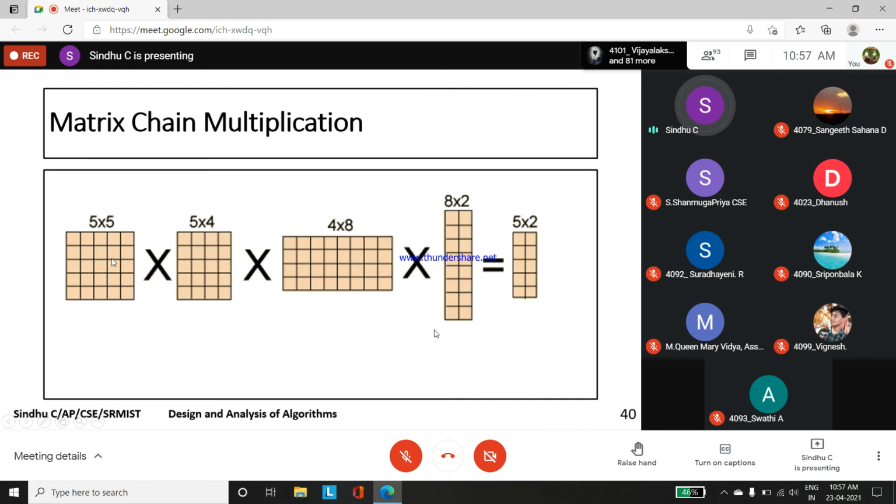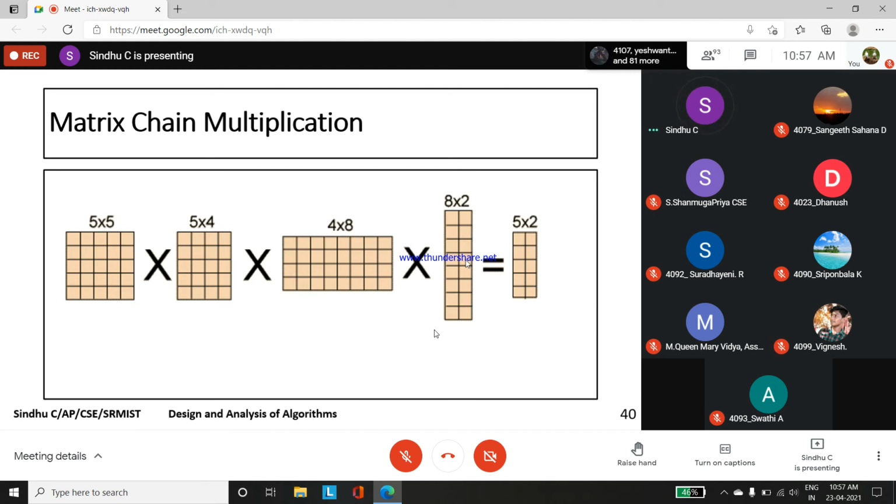Now, given that you have 4 matrices in sequence, which 2 matrices should I multiply first? Is it this one and this one first? Or should I multiply this one first? In which sequence should I multiply so that it gives me fewer scalar multiplications?